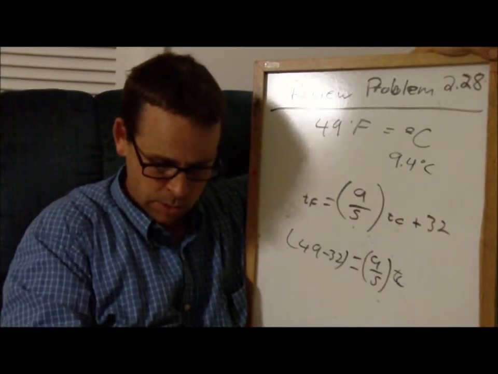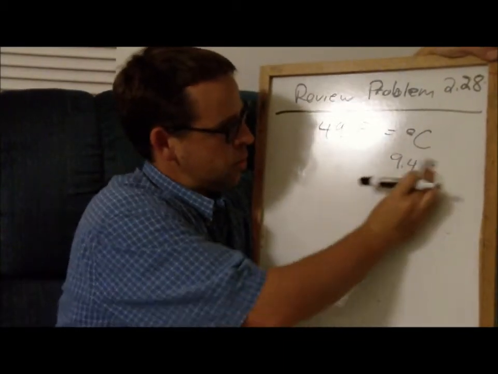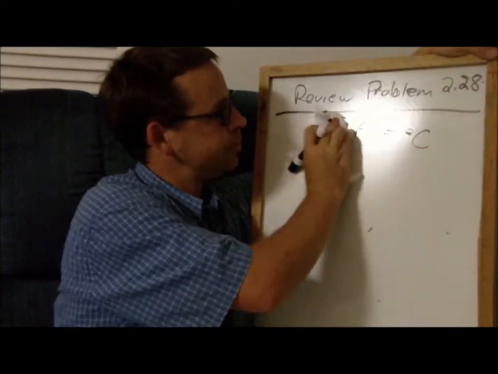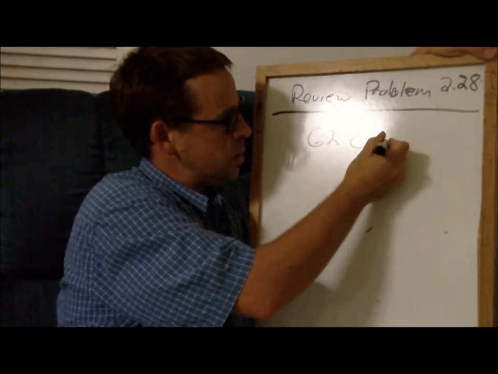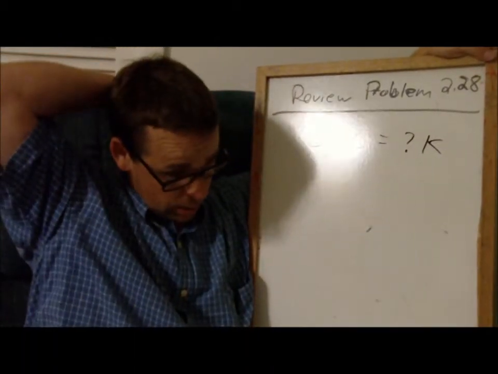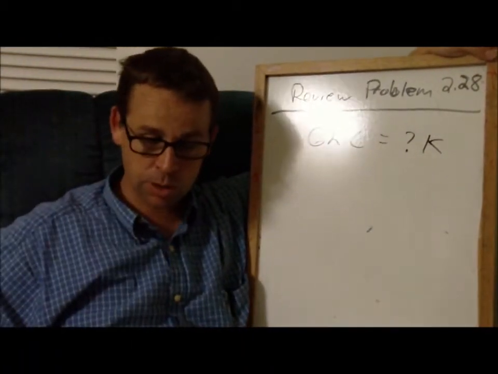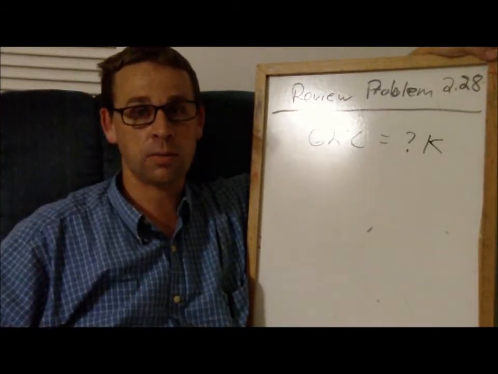All right, the next one, 62 degrees Celsius is how much Kelvin? Well, we know that whatever the temperature in Celsius is, you add 273 to it to get the Kelvin.